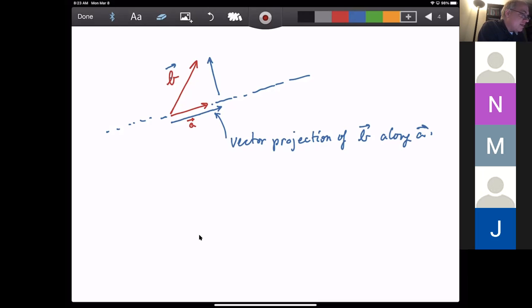The scalar projection gives us the length of this vector. The vector projection gives us exactly that vector.